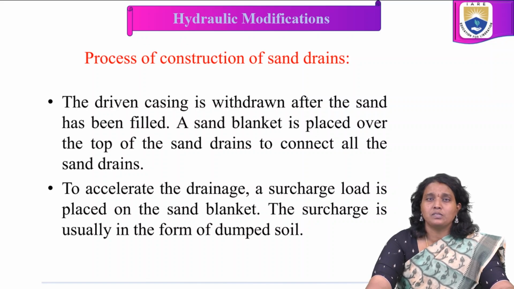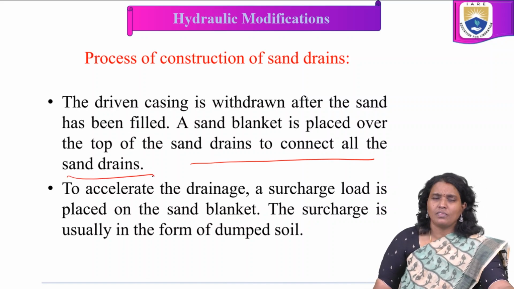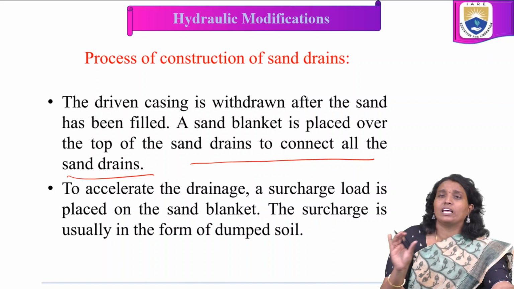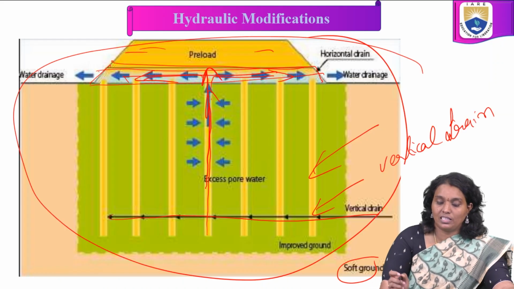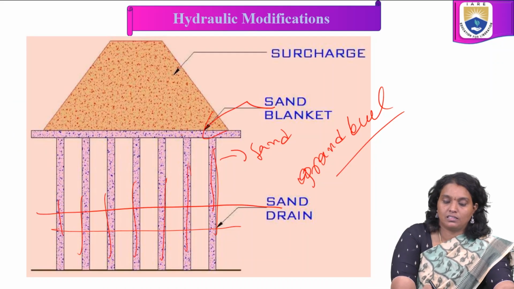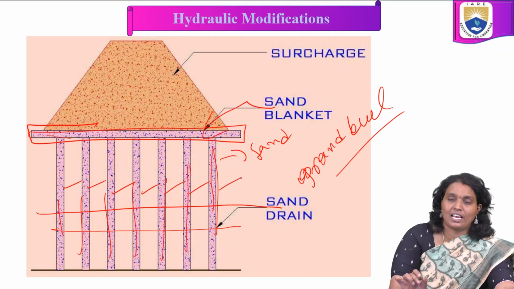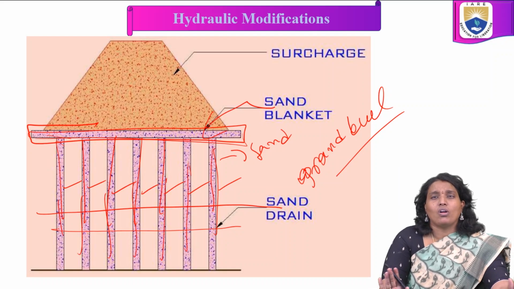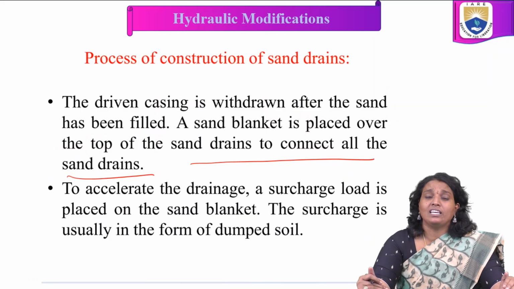A sand blanket is placed over the top of the sand drains to connect all the sand drains. As we observed in the previous diagram, the sand blanket collects the water from all the sand drains.